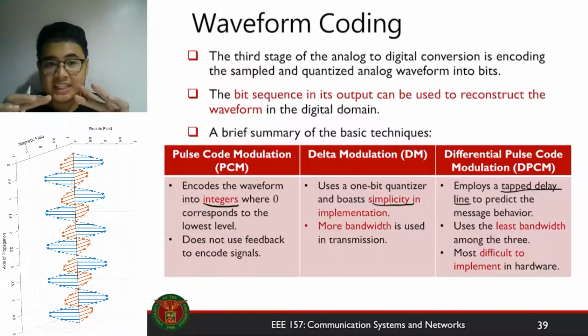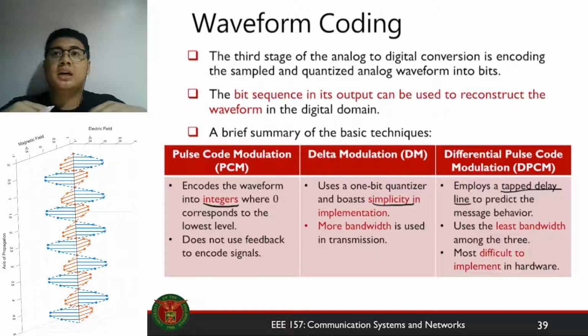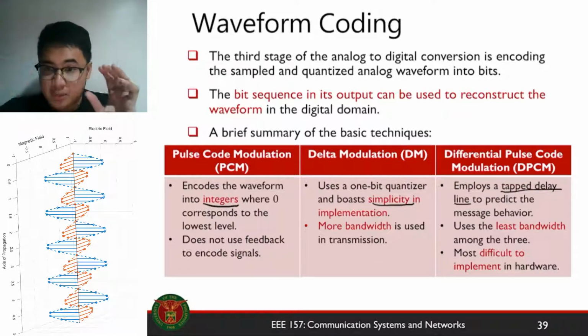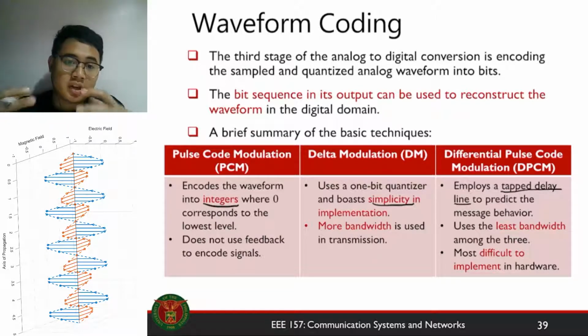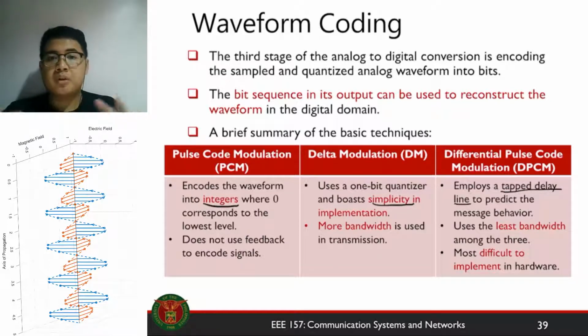So once it predicts that, it will use a unique bit sequence. Right? This bit sequence will enable the receiver to reconstruct your differential pulse code modulated analog signal, and you will be able to more accurately represent your analog signal in the digital domain.